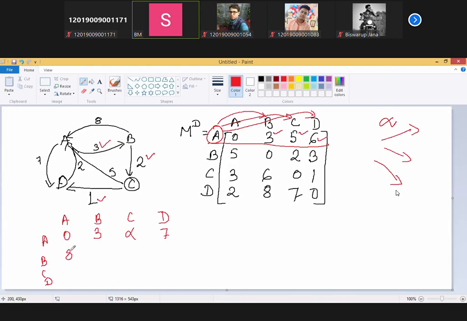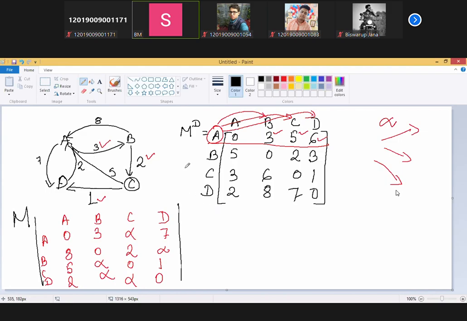For B, it is 8, 0, 2, infinity. For C, it is 5, infinity, 0, 1. For D, it is 2, infinity, infinity, 0. Okay. Now, this is my original matrix.